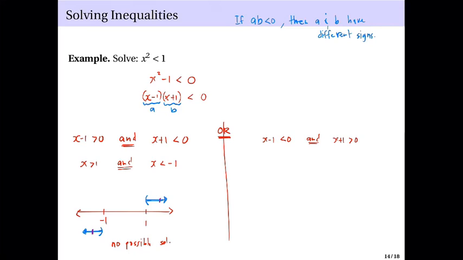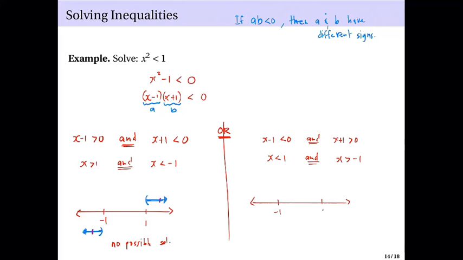From this case, we have x minus 1 less than 0. It means x less than 1. And we have x plus 1 greater than 0, or x greater than negative 1. So same, let us try to sketch. This is your negative 1.